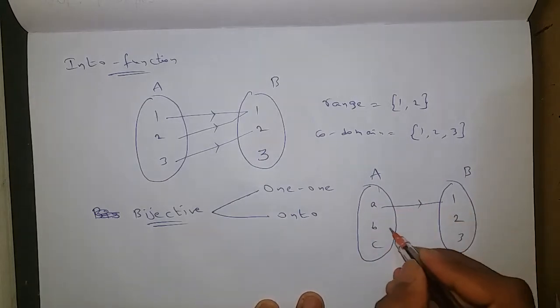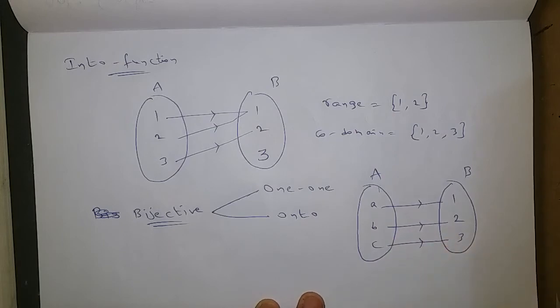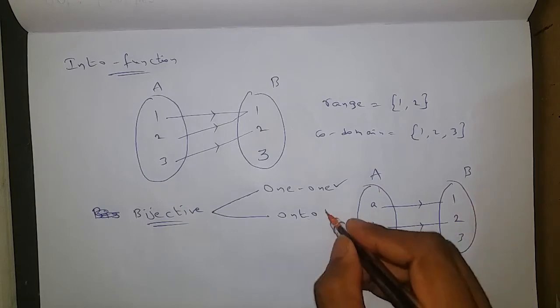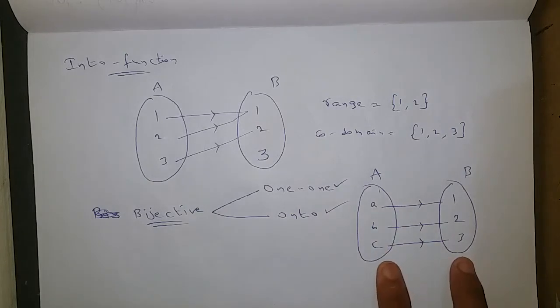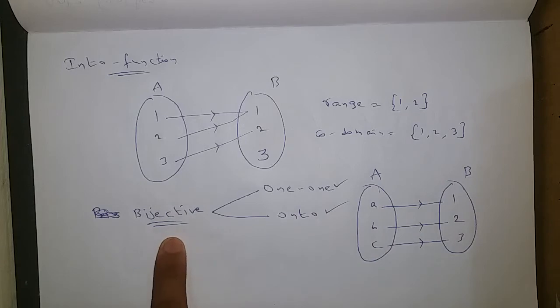A is related to 1, B is related to 2, and C is related to 3. Every element of A has only one image. So this is 1 function. Next, range is 1 comma 2 comma 3. Codomain is 1 comma 2 comma 3. Range is equal to codomain, then it is onto function. Now this is 1 function as well as onto function, so then it is bijective.